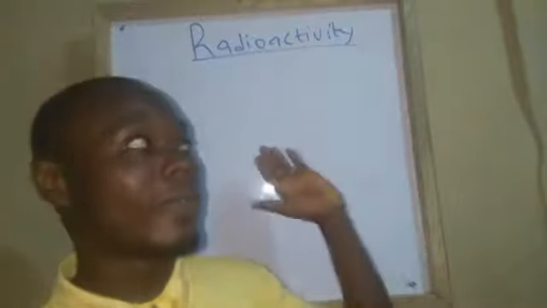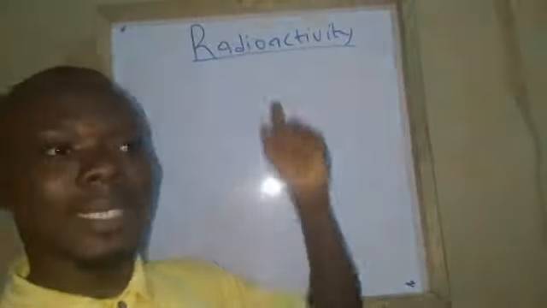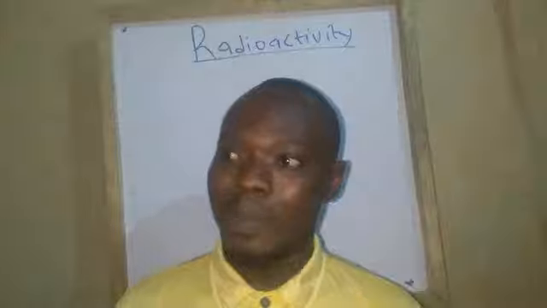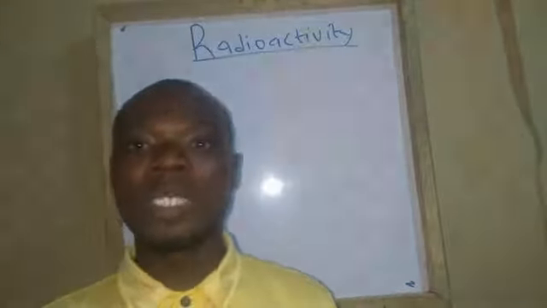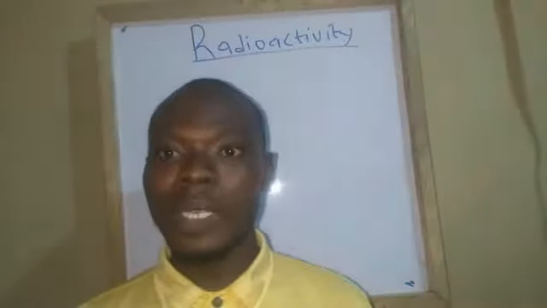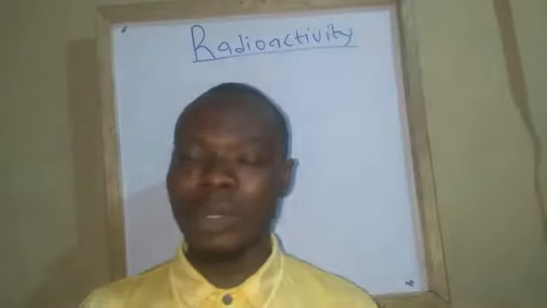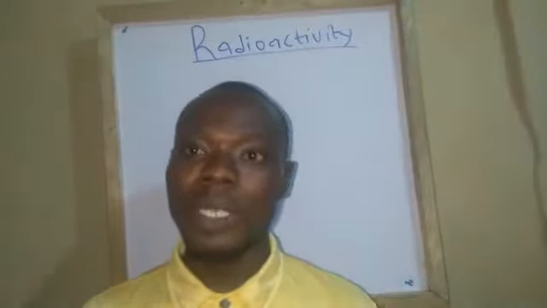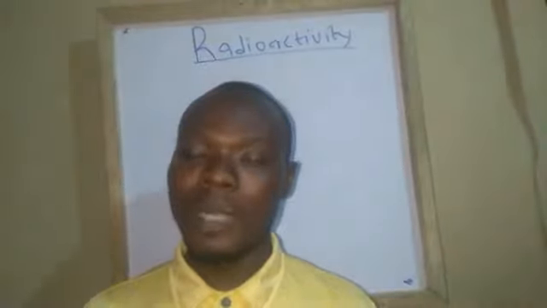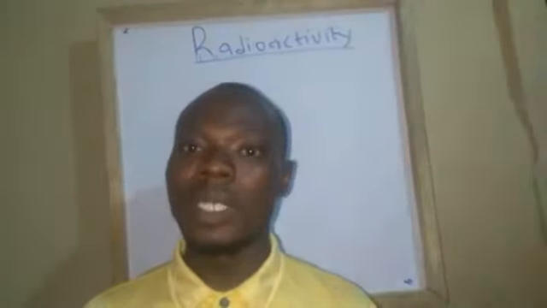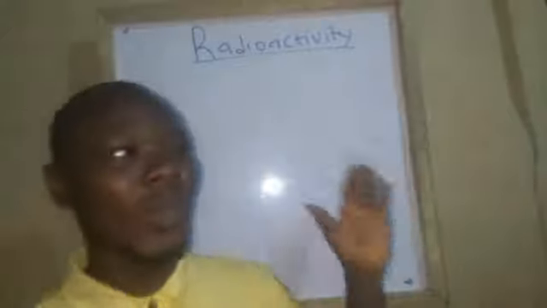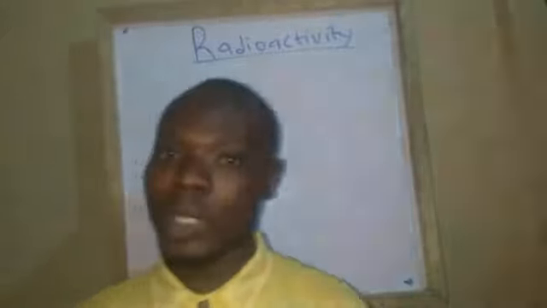Now, when you're talking of radioactivity, radioactivity is simply the spontaneous emission of radiation by an element, the process by which an element emits radiation. Are you getting it? You cannot talk of radioactivity without using the word spontaneous.